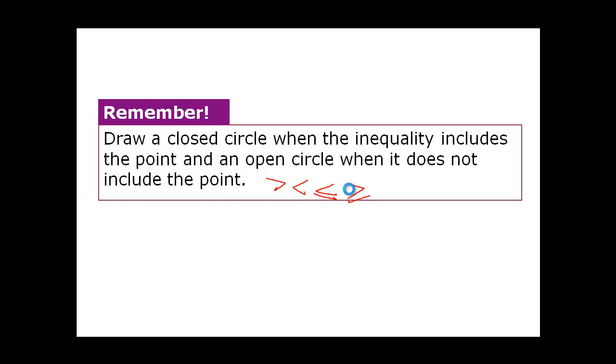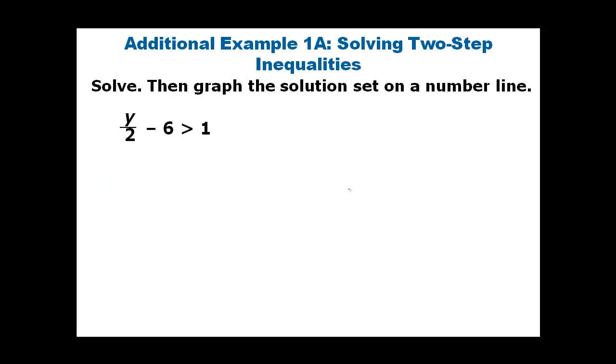Okay, let's go and solve two-step inequalities. We have y over -6 minus 2 bigger than 1. What we will do first, we need to take out the 2 and take out the 6. Which one will I start with?